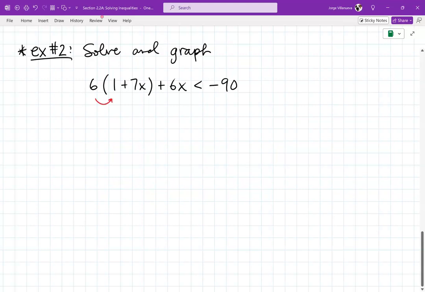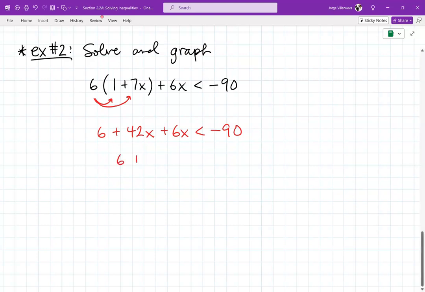So 6 times 1, 6 times 7x, right? So it's going to be 6 plus 42x plus 6x less than negative 90. Let's combine my like terms. So I have 42 plus 6, that's going to be 48x.